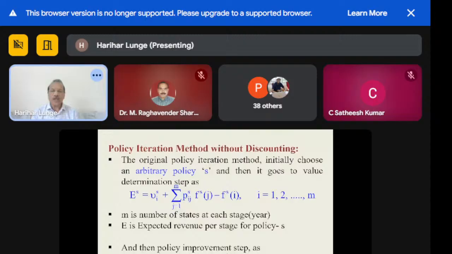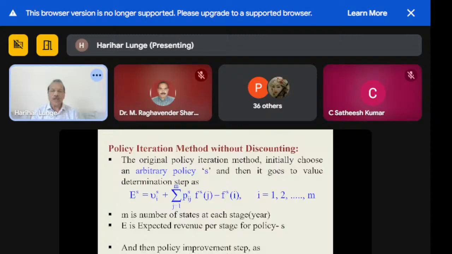Finally, the optimum decision K for states 1 to M constitutes the new policy T. If S and T are identical, then the algorithm stops, and policy T will be the optimum.